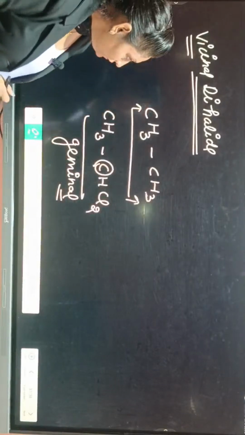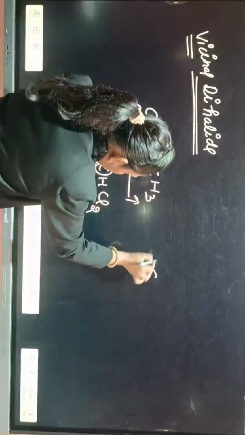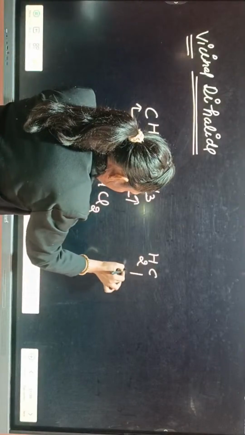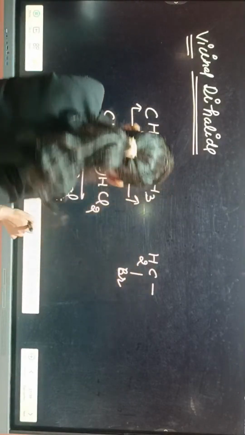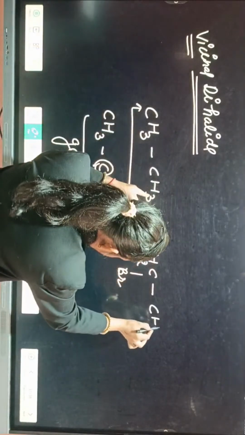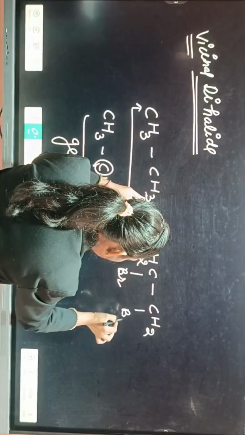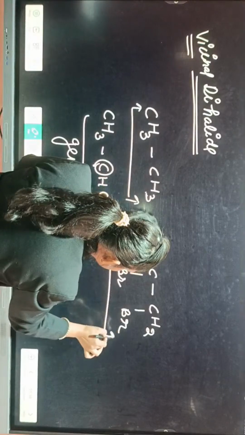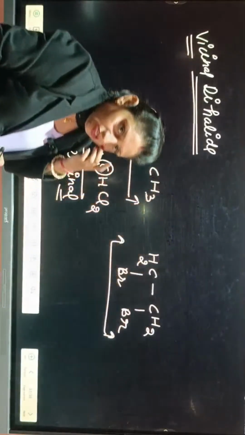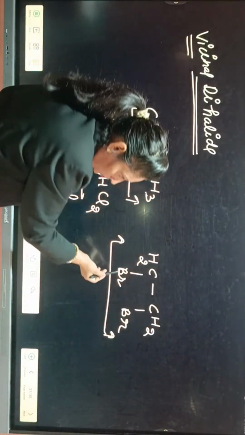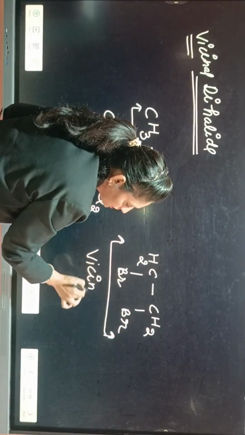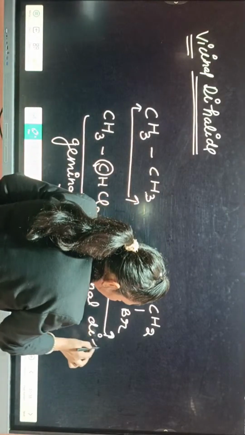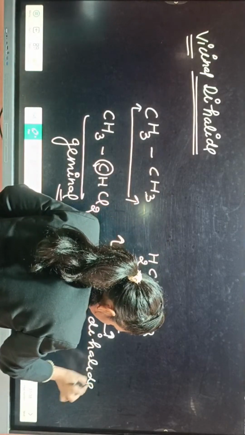But if I replace 1 hydrogen of this carbon and 1 hydrogen of the adjacent carbon, if halogens are attached to the adjacent carbons, then they are known as the vicinal dihalide.